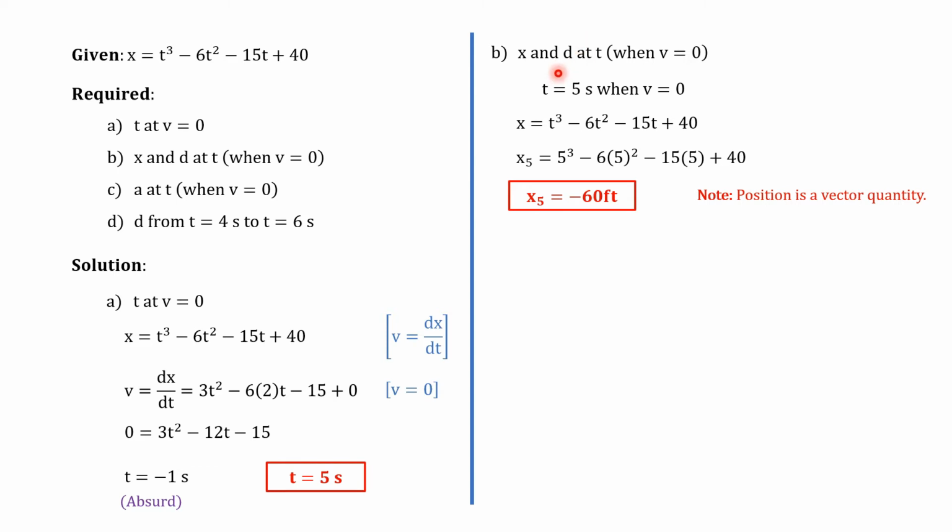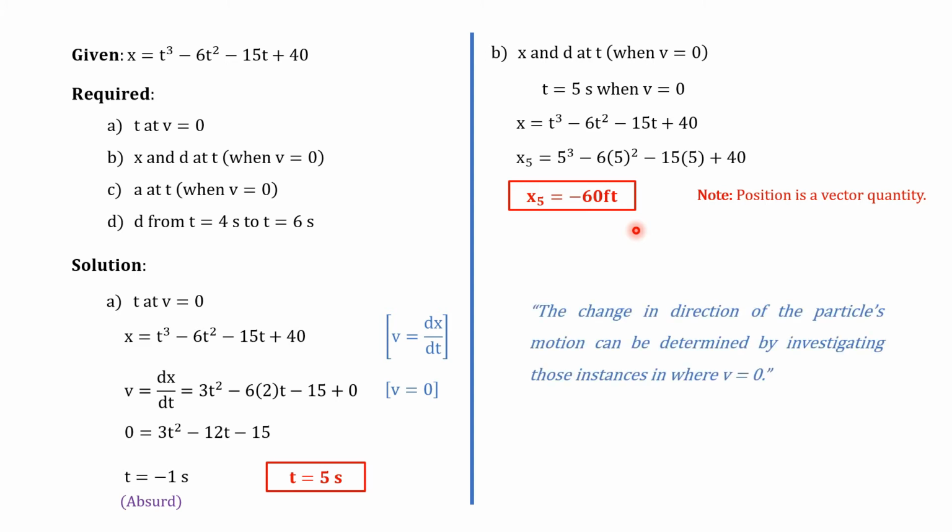Before we compute for the distance, we also have to emphasize that there is a possibility that the particle moves back and forth. Take note that in distance, class, we are computing the total length of travel. Therefore, we must consider also the back and forth. In order to determine those, we have to take note that the change in direction of the particle's motion can be determined by investigating those instances where velocity is equal to 0.